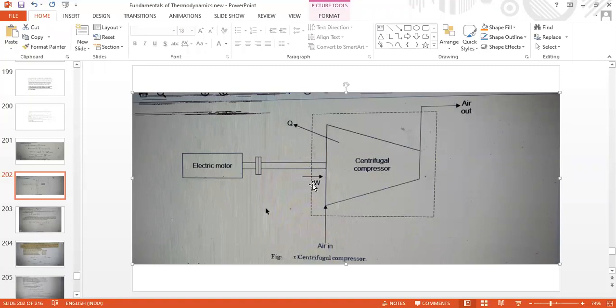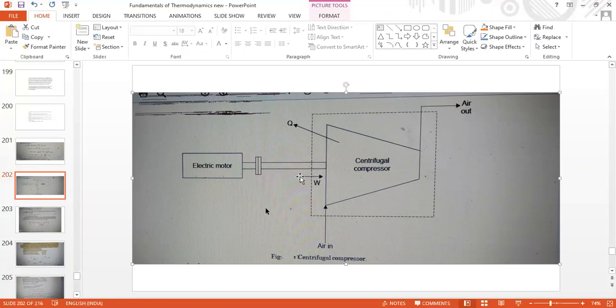This is a dotted line shown, and through the dotted line, if any energy is entering, you have to identify it, and if any mass enters, you have to identify it. Some mass is entering, so this is an open system.